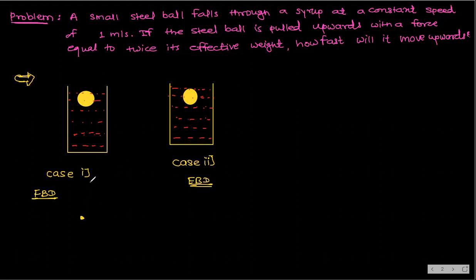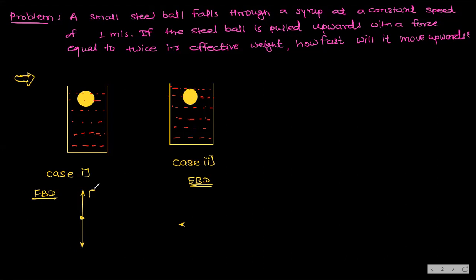If the steel ball is pulled upwards, initially there is nothing externally applied in the upward direction. So you have only two forces. One is the opposing force, that is the viscous force, in the upward direction.